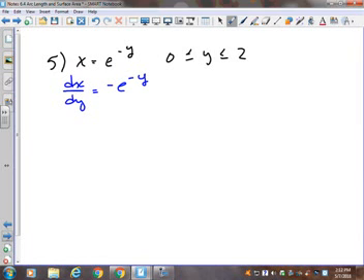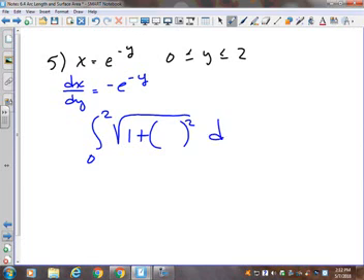Now let's set up our problem. We're setting up our integration from 0 to 2 because it's about y. We're going to say the square root of 1 plus our problem squared dy, and inside of there we're going to put this. Does that make sense? Do y'all feel like that just is simple enough that if you knew the formula you can do the math? It's not hard, is it?